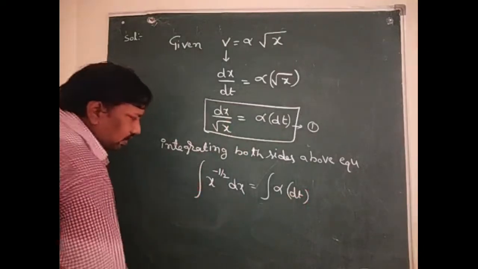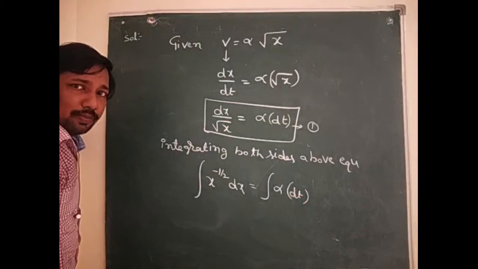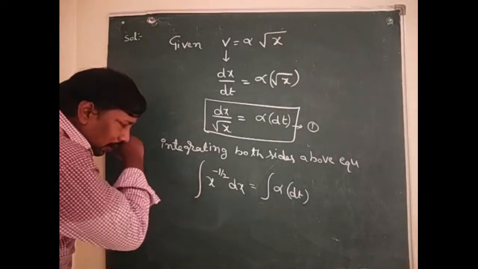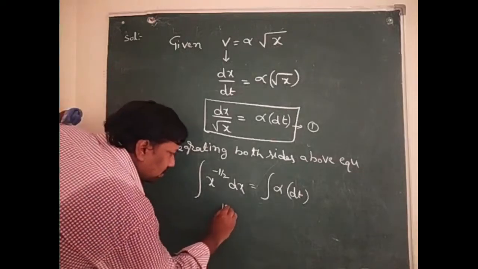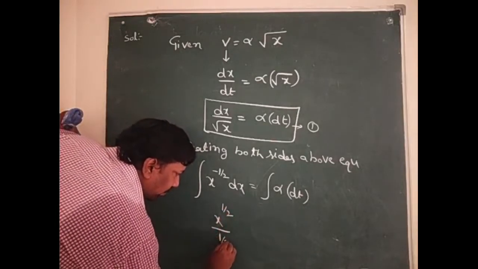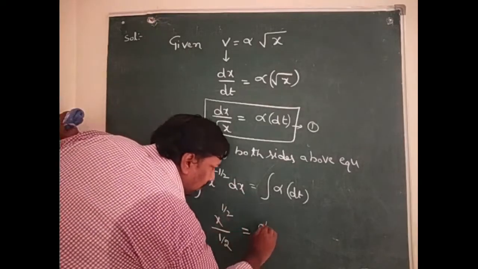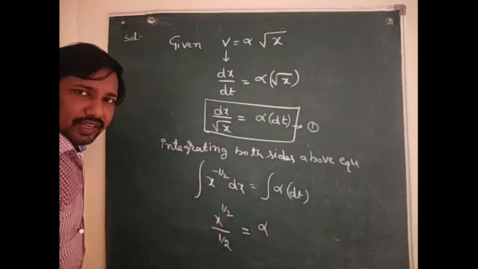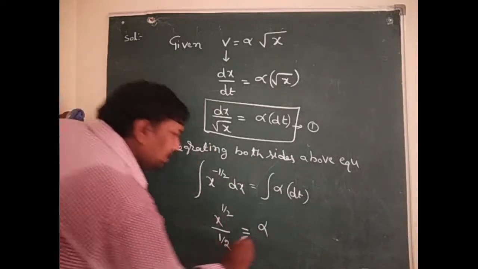In this situation, integral of x power n dx equal to x power n plus 1 by n plus 1. So x power n plus 1, that is x power 1 by 2, divided by 1 by 2, is equal to alpha into integral of dt. Integral of dx is x, so integral of dt is t.